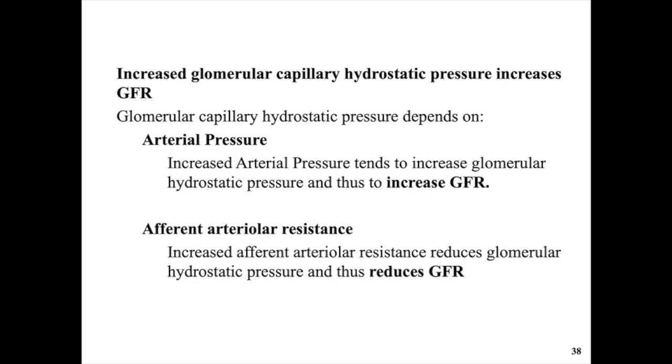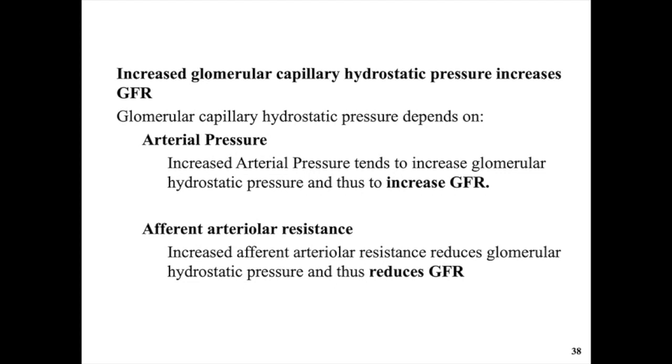But do not forget that the afferent arteriole is connected to the renal artery, and the renal artery is connected to the aorta. So a drop, for example, in systemic blood pressure of the body will also affect the kidneys. Okay? So either the main pipe or the small tiny pipes that are feeding the glomerular capillaries, the higher the pressure in those pipes, the higher the pressure in the glomerular capillaries.